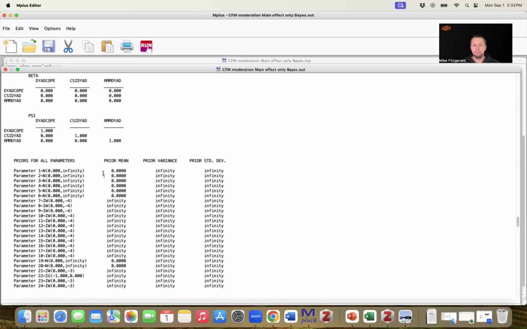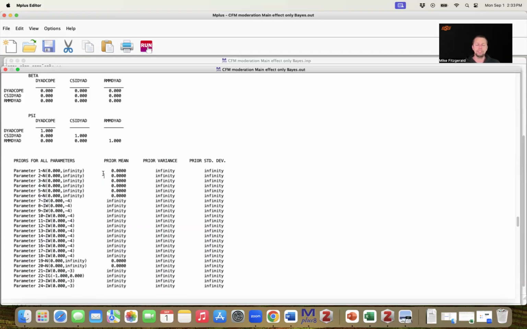When we only have one latent interaction in a model, like we do in this model, Bayesian and maximum likelihood both do fairly well. But the more complex your model gets, and the more points of integration, i.e., the number of latent interactions in your model, the more maximum likelihood struggles, and the more Bayesian is able to effectively estimate these models.